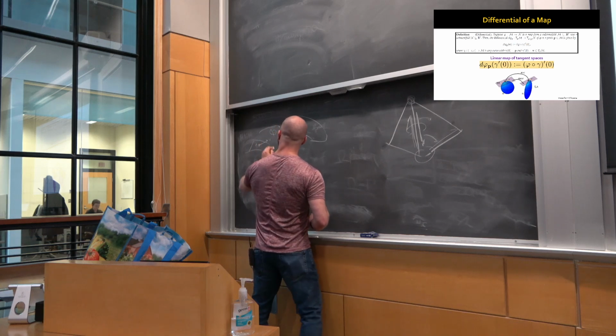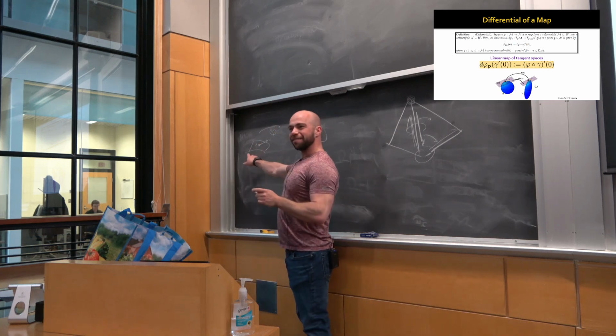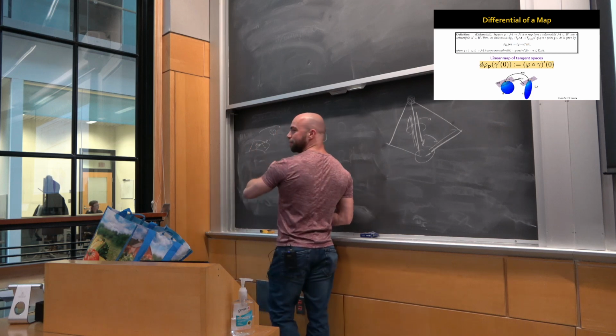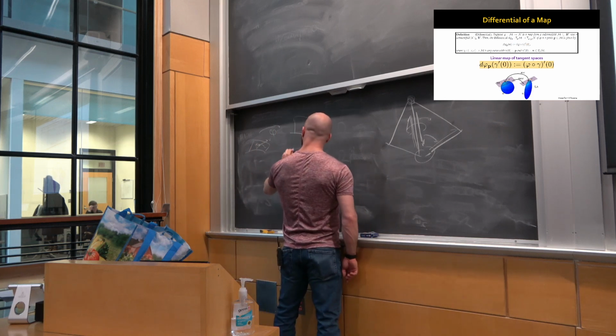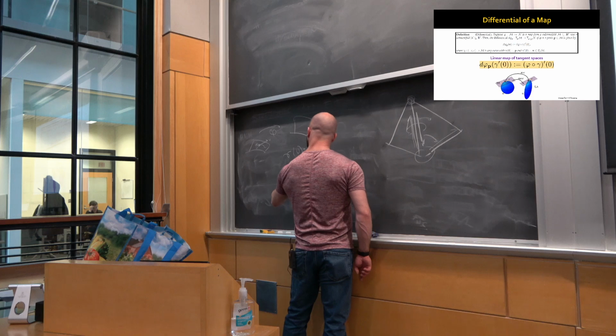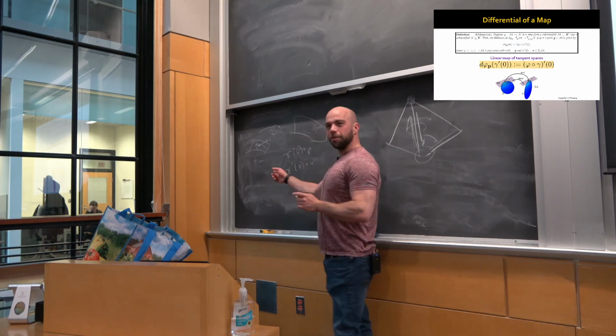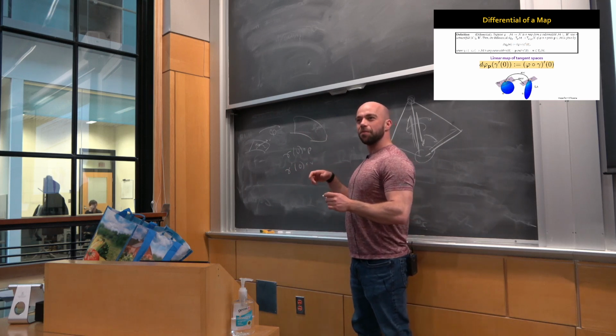For a given tangent vector out of P, I'll take a curve through my point P with tangent V. So we have gamma of 0 is equal to P, gamma prime of 0 is equal to V. This is like the initial velocity of our curve gamma.